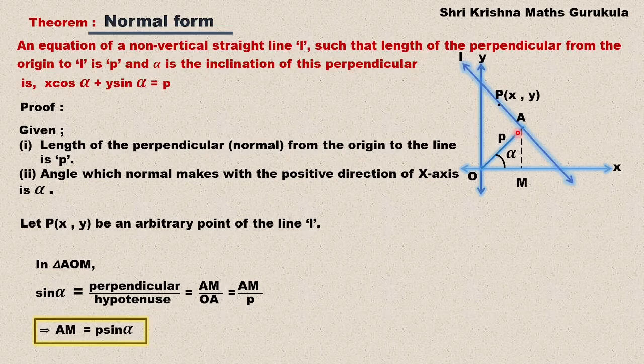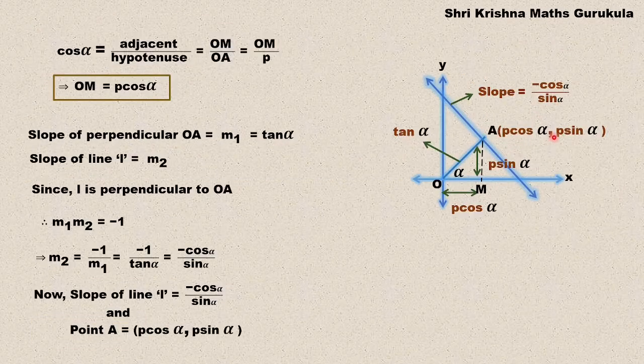First we will find a point on the line L, that is we will find this point A, the coordinates of this point A. We will drop a perpendicular, then this is a right angle triangle and this is alpha. We already know that. We will consider sin alpha to get this height, that is y coordinate. We will consider cos alpha to get this OM, which is the x coordinate of this point A. So after we have found the coordinates of point A, then we will find the slope of the line L. How do we do that?